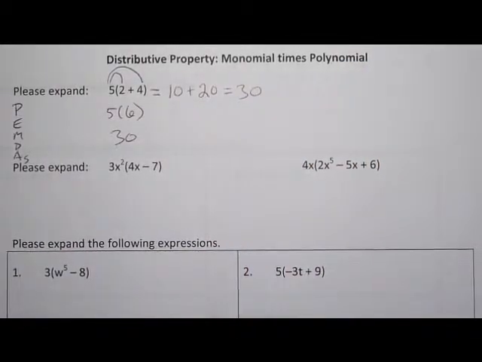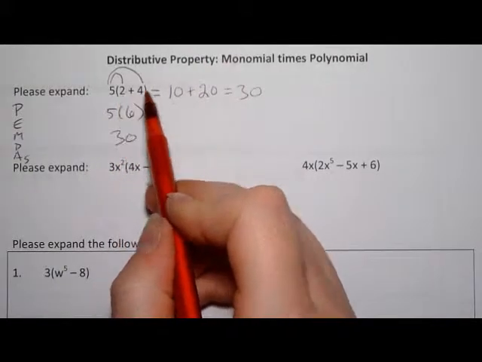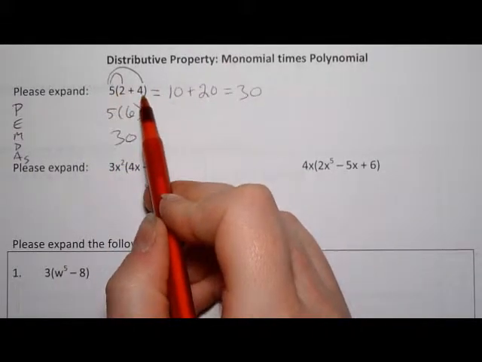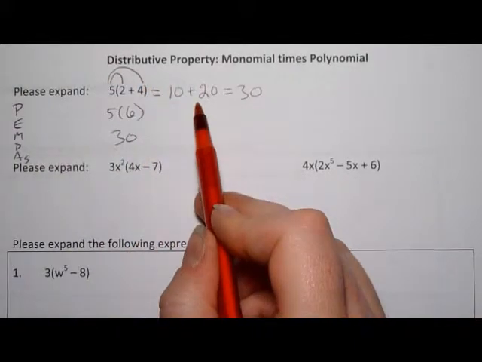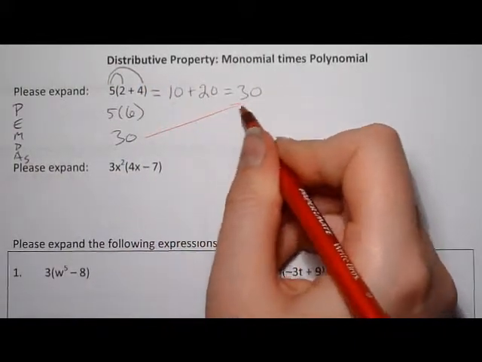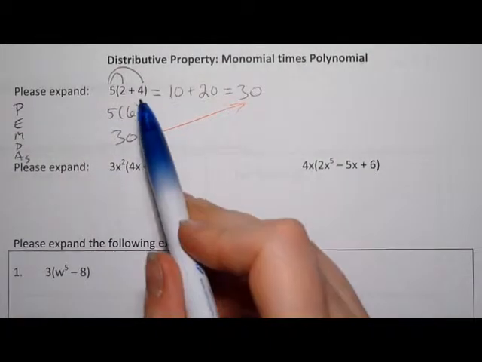You can see that when I distribute the 5 to each term inside, I still get the same answer. So the distributive property can be shown in this example to work.